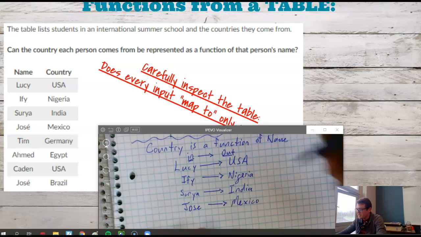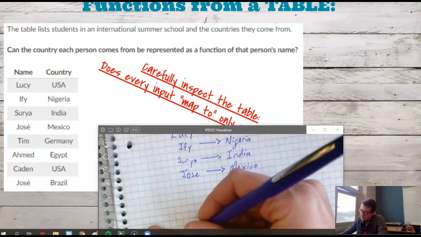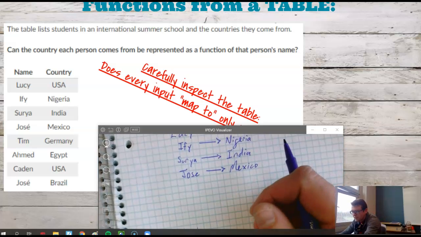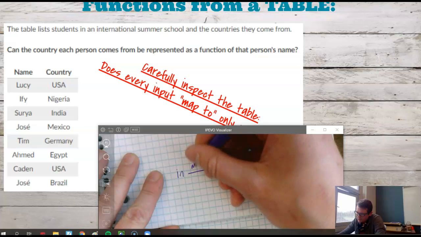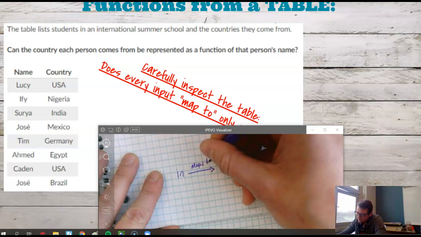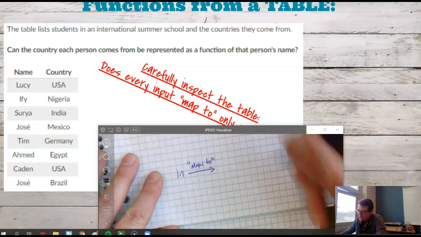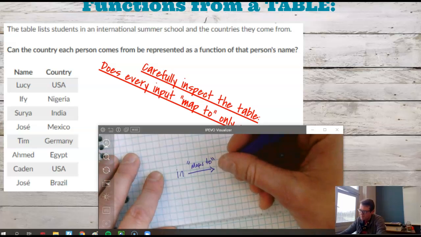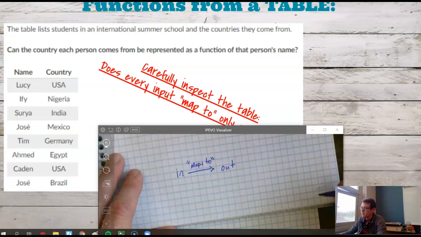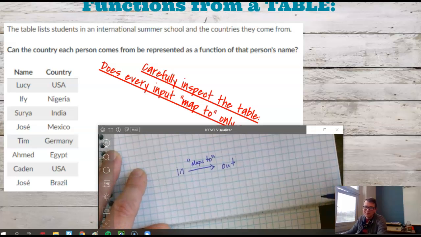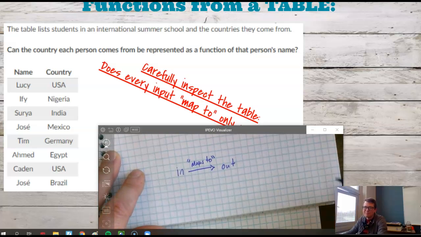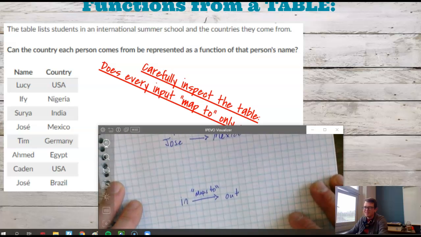So what we say with this is that the input maps to the output. This is literally the phrase that we use in math. We say the in maps to the out, because we often try to shorten words when we can. This is a trap door, and we got people on both sides of our answers.